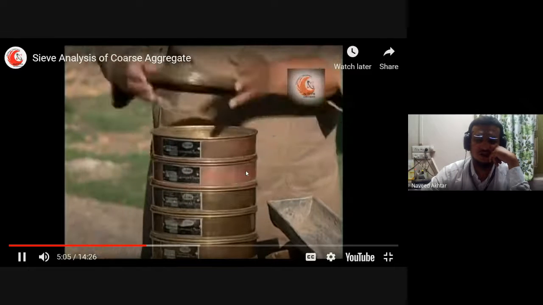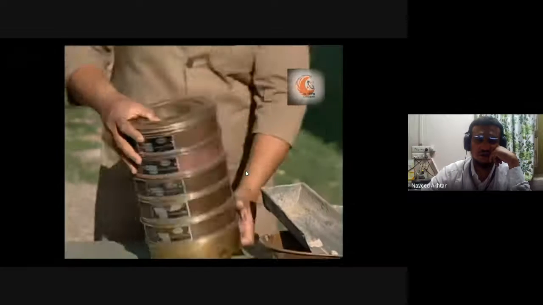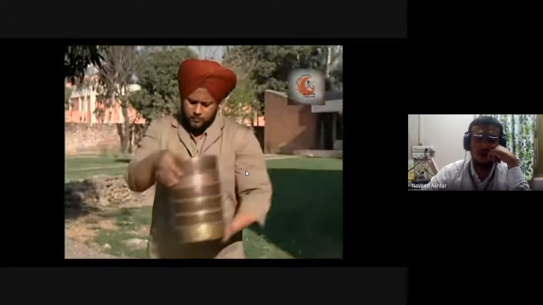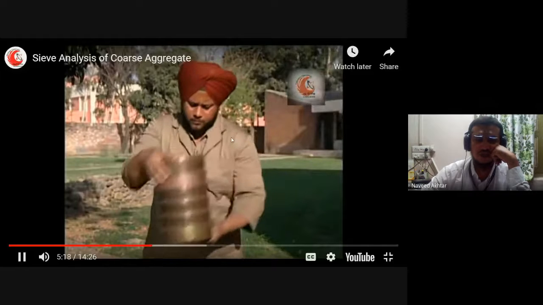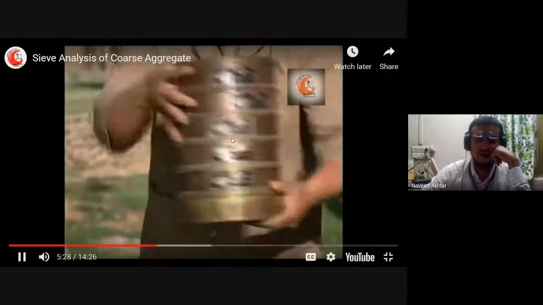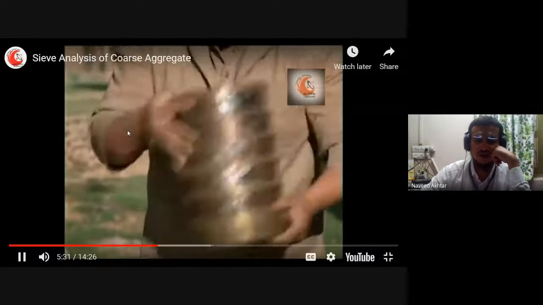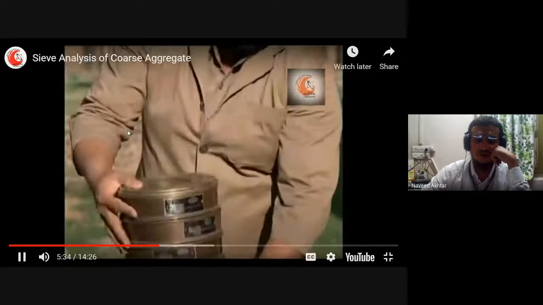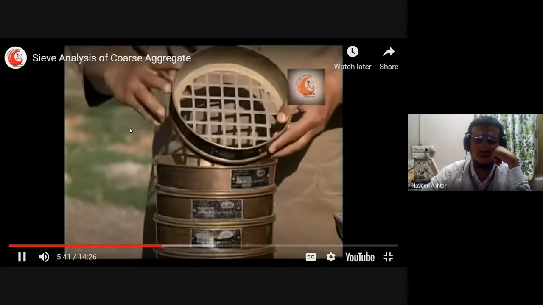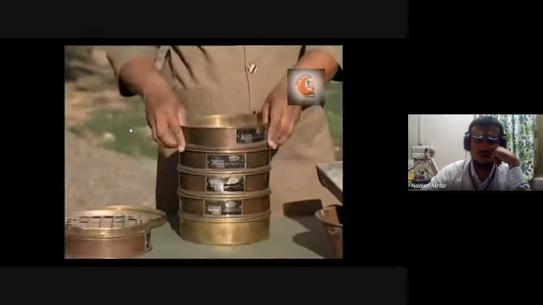Then we'll do the sieving. Sieving can be done by hand or by the sieve shaker machine, so that it is rotated horizontally, clockwise, anti-clockwise, left, right, up and down, vigorously. Then we have to record the weight retained on the 20 mm sieve.